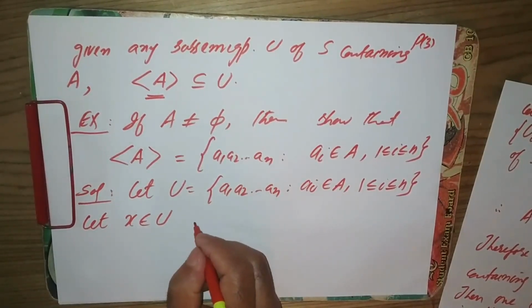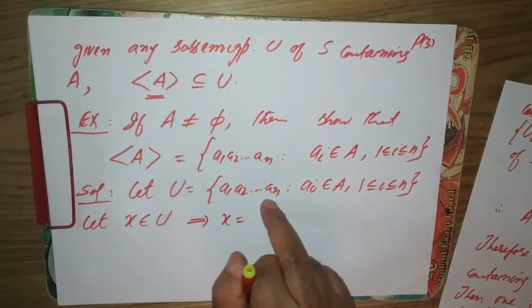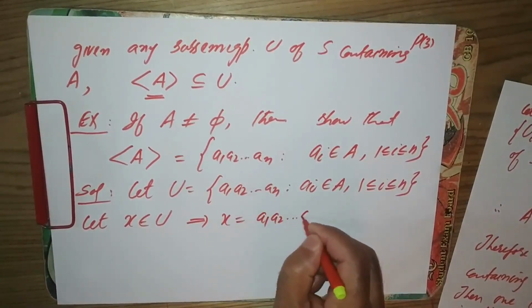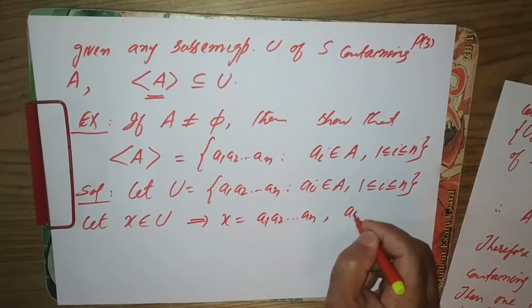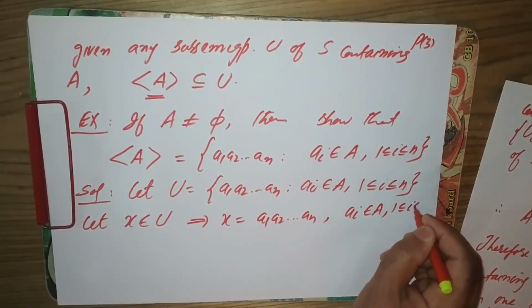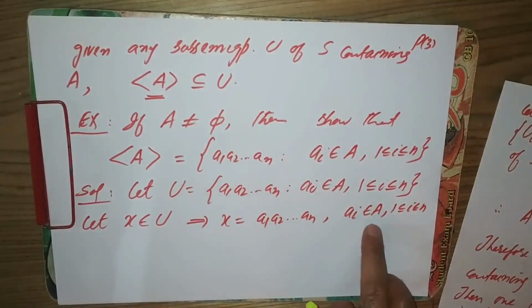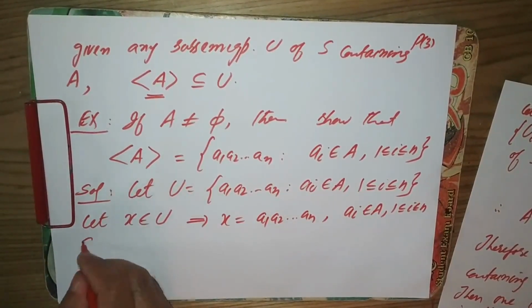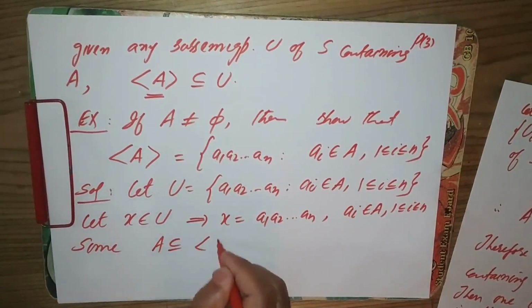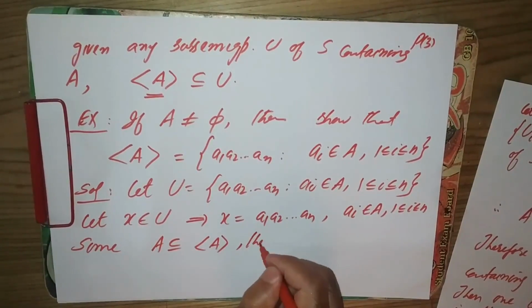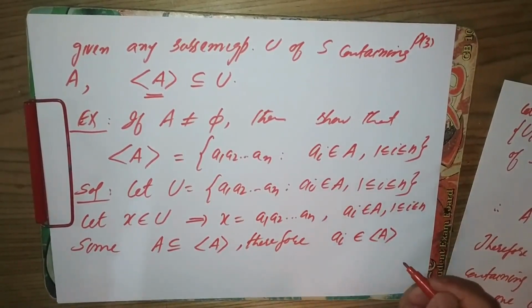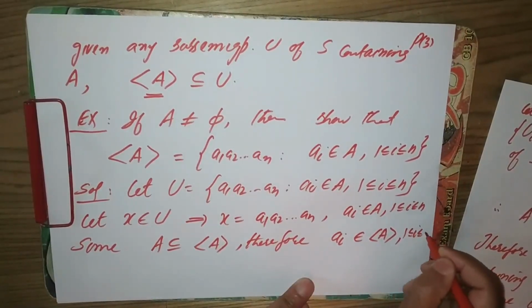X is in U. This implies X is some finite product, because elements of U are finite products of elements of A. So X is equal to A1, A2, up to AN, where these AIs belong to A, 1 less or equal to I less or equal to N. Since A is a subset of the smallest subsemigroup containing A, these AIs are also in that semigroup.